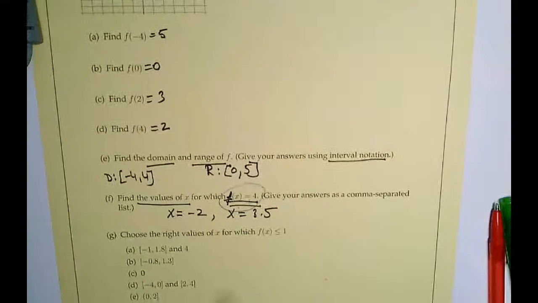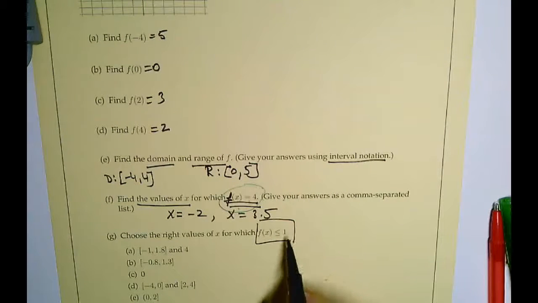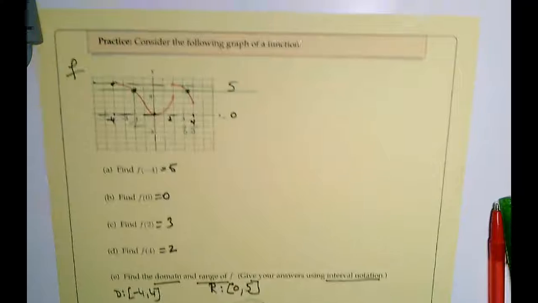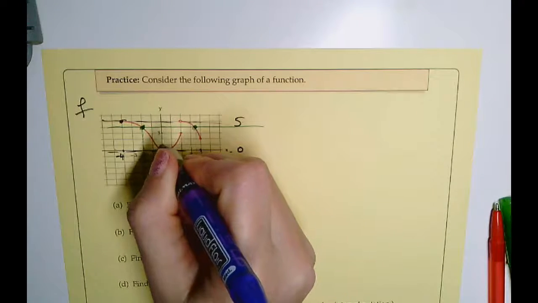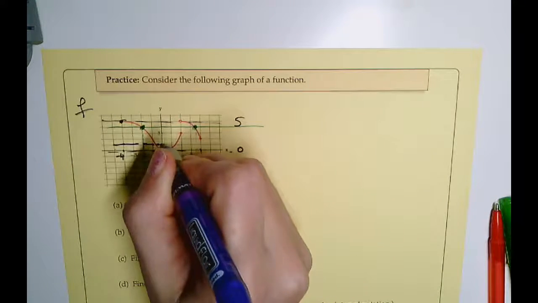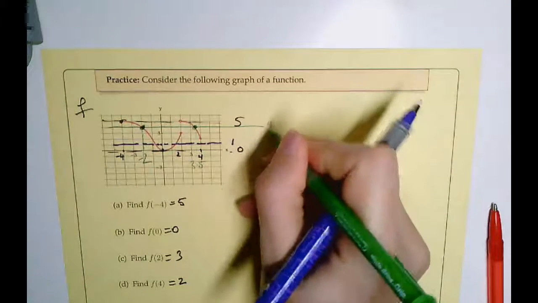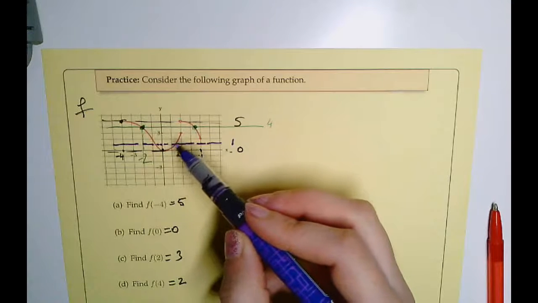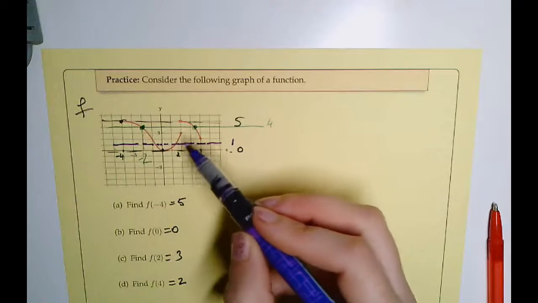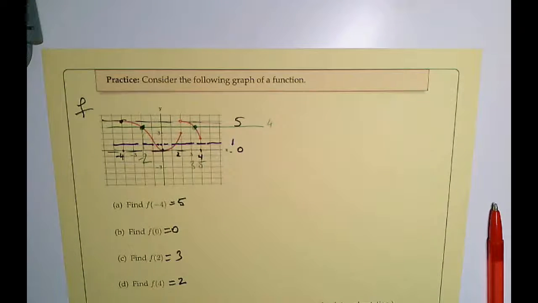And then choose the right values for which f of x is less than or equal to 1. Similarly, for f of x less than or equal to 1, I can draw a horizontal line at f of x equals 1. So this is 1 and this was 4. And the graph is below this horizontal line f of x equals 1. So between what values does that happen?